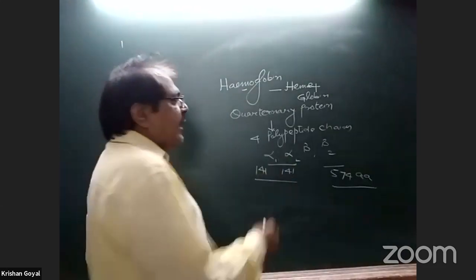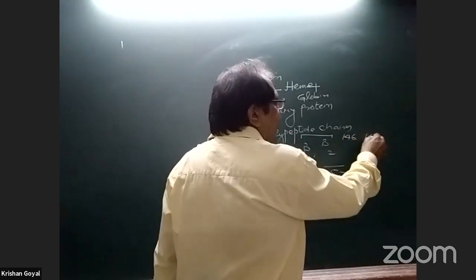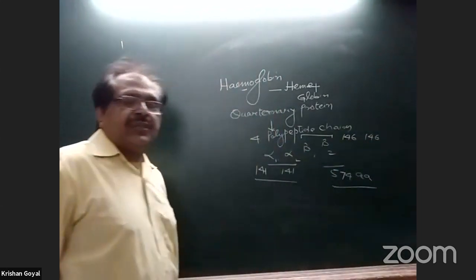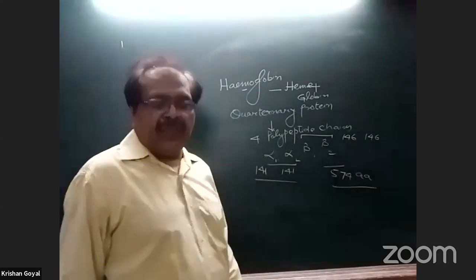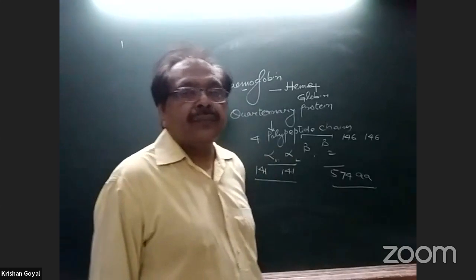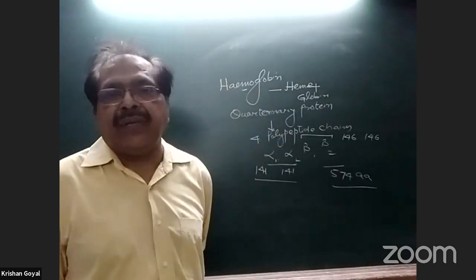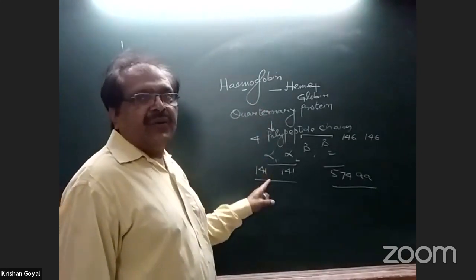And beta 1 and beta 2 are made up of 146 amino acids each. If we add them all, the total number of amino acids in one molecule of hemoglobin is 574. Very, very important question. It is not at all given in your NCERT.